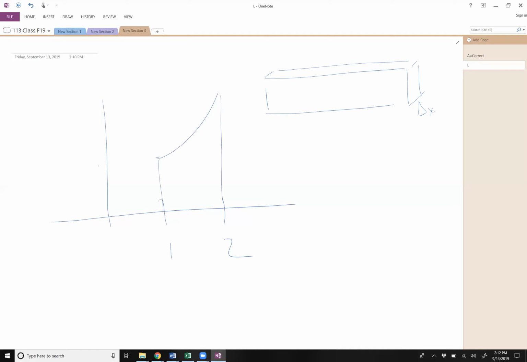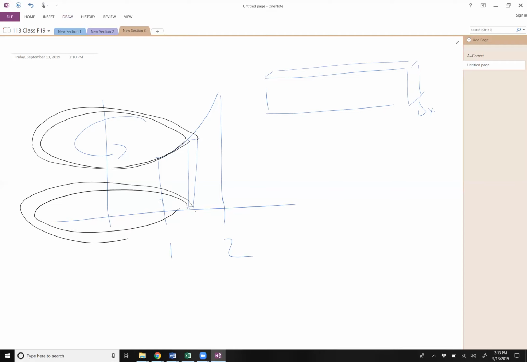We're doing it with respect to x because we're spinning around the y-axis or something that's parallel to the y-axis, and if we want shells, then our slices need to be something that's parallel to the axis of rotation. So as I spin this around, I'm going to get, there's my poor drawing of a shell.